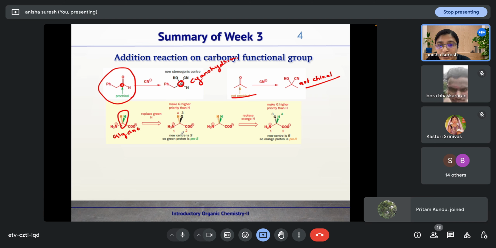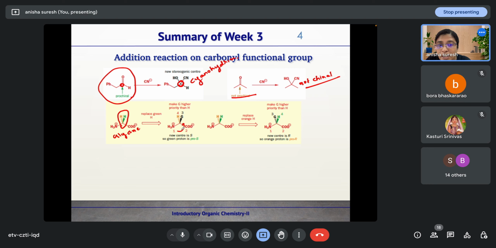So 1, 2, 3. The rotation is anti-clockwise. So the new center that is formed is S. So here the green hydrogen, or the green proton, we can call pro S.